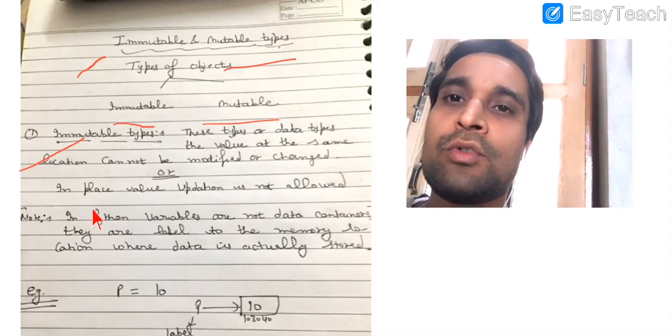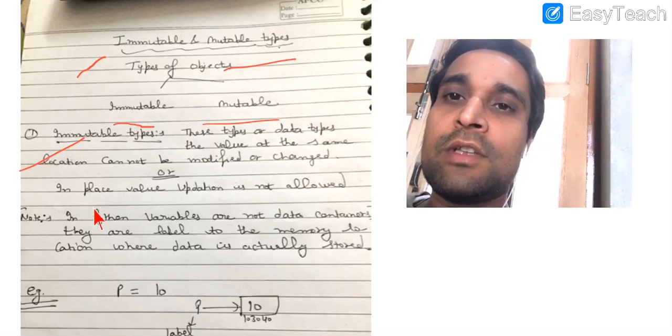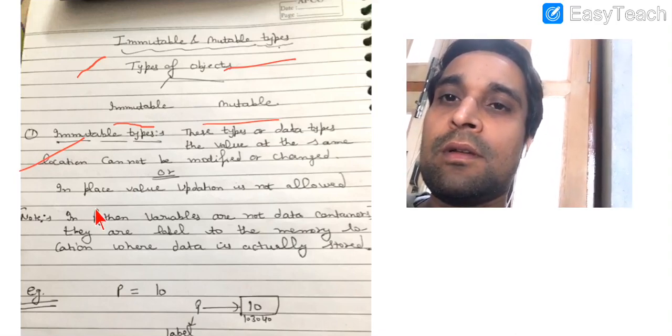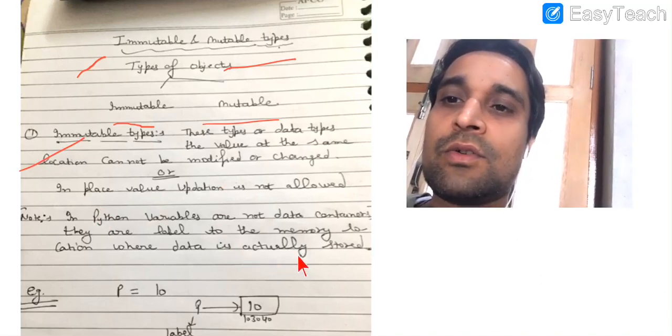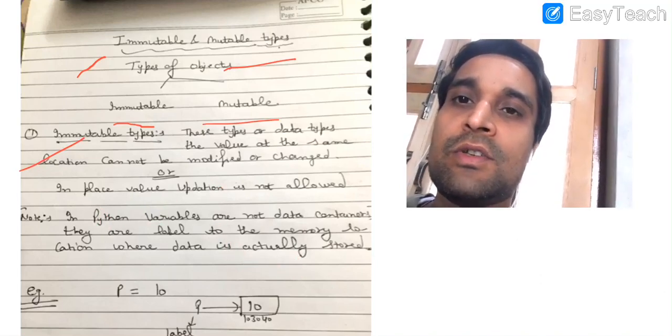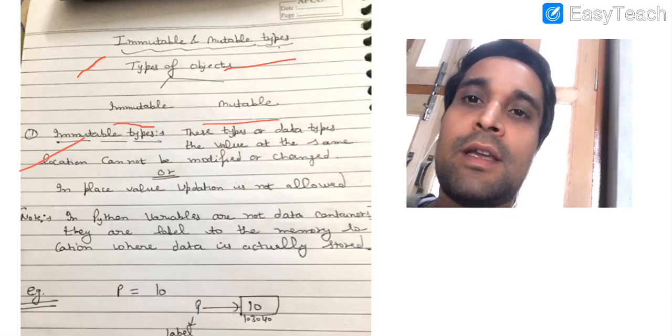You must also remember that variables are not storage containers in Python like in other programming languages. The variables that we use in Python are just labels which point to the memory location where the value is actually stored. So now we will discuss this concept with the help of one example.